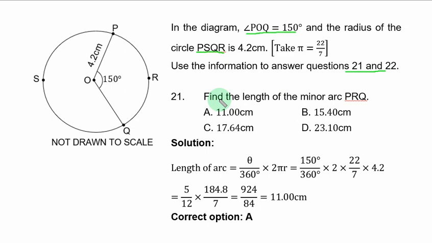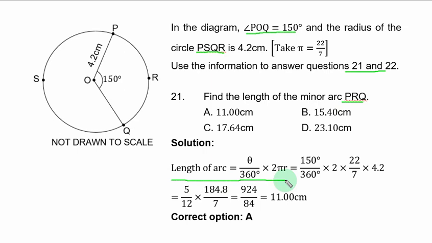21. Find the length of the minor arc PROQ. The angle we have there is in the minor arc, so you just go direct. Length of arc is equal to this.